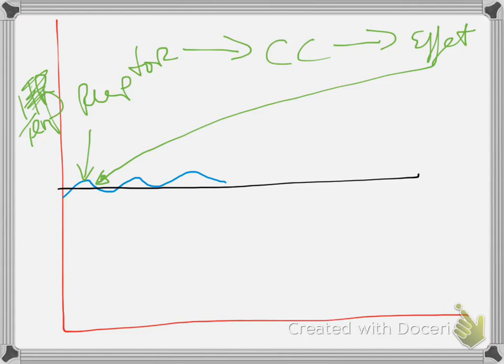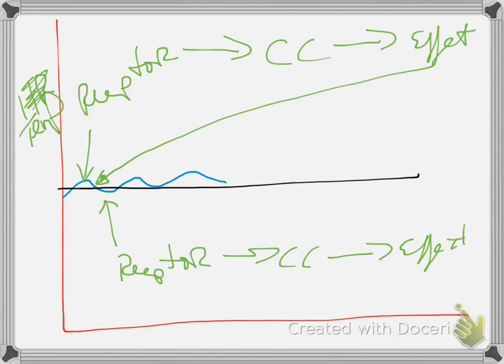Then it will cause mechanisms that bring that body temperature back towards the baseline. But because dynamic equilibrium is these gradual fluctuations all the time, what we're going to see then, the same thing over here, is that when it gets too low, again, we have a receptor, sends a signal to the control center, which decides what to do, sends it to the effector. The effector then is going to initiate the change, and that's going to cause the opposite response. And that continues back and forth, back and forth.